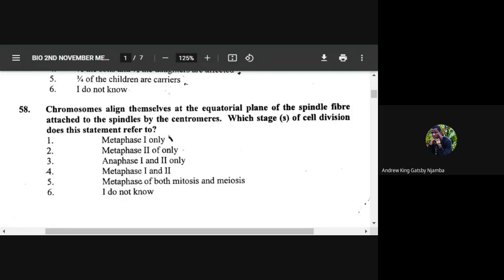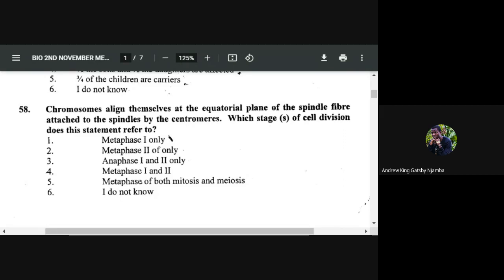Question 58. Chromosomes align themselves at the equatorial plane of the spindle fibers, attached to the spindles by the centromere. Which stage of cell division does this statement refer to?